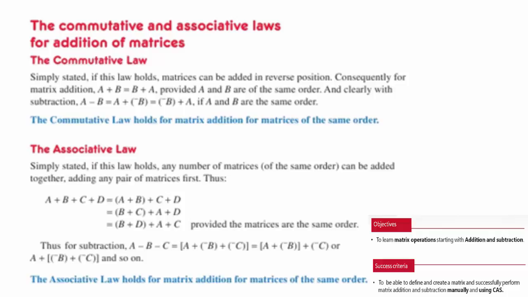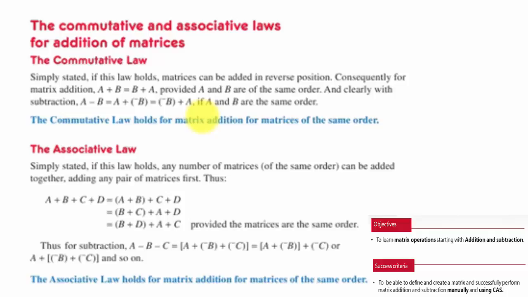So from the previous rule, since the addition is commutative, then subtraction also is commutative because you can write a plus minus b as minus b plus a, and a and b need to be in the same order. So also for subtraction, it is commutative.